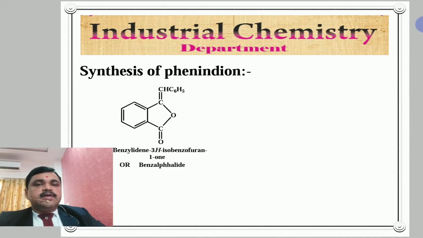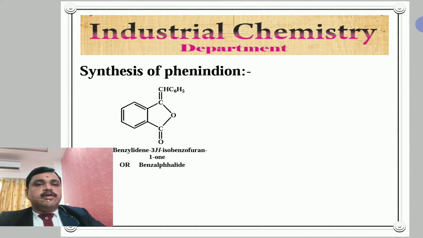Now our second compound for this lecture is Fenindion, and Fenindion is synthesized from 3-benzylidene 3H-isobenzofuran-1-one.